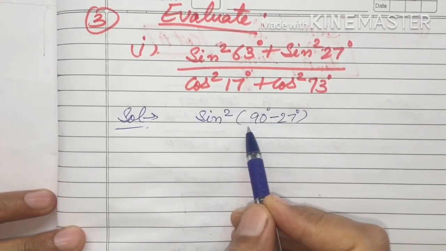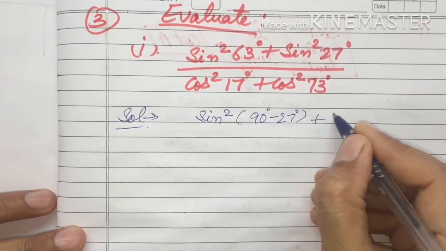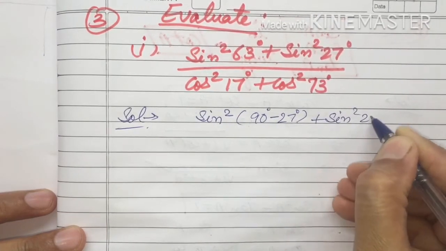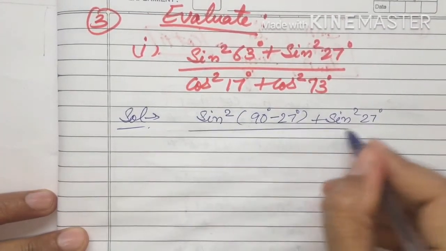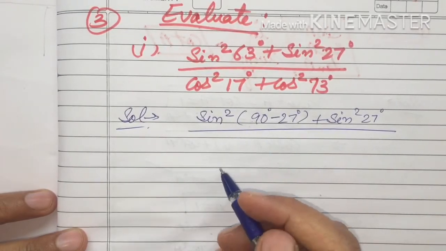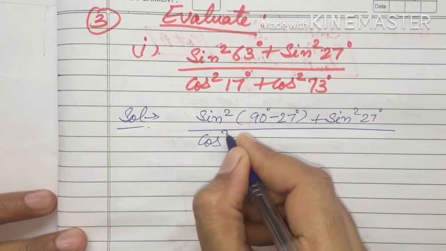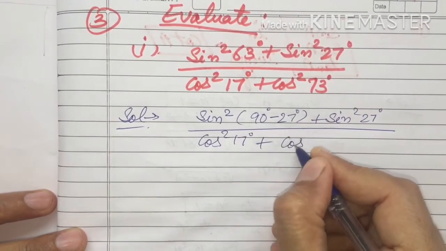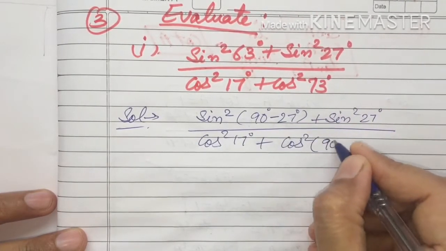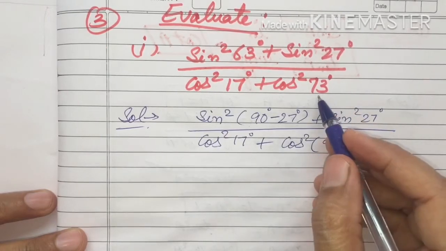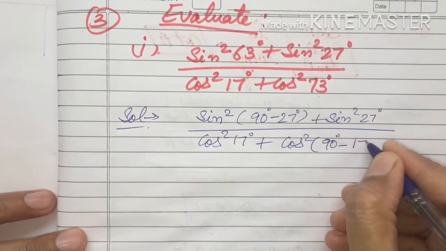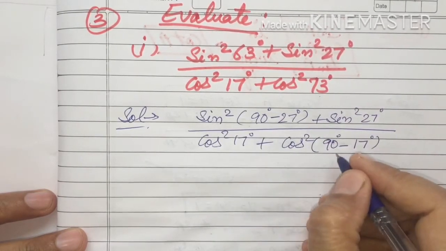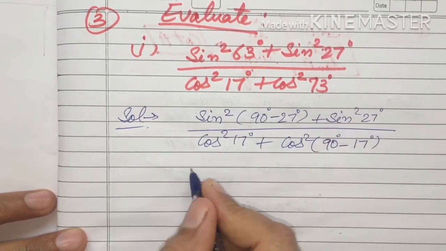So I can change and write it like this, plus sine square 27 will remain the same, and in the denominator again I will change like this, cos square 17 degree plus this cos I will change to cos square of 90 minus 17, because when I minus 17 from 90 degree, I will get 73.